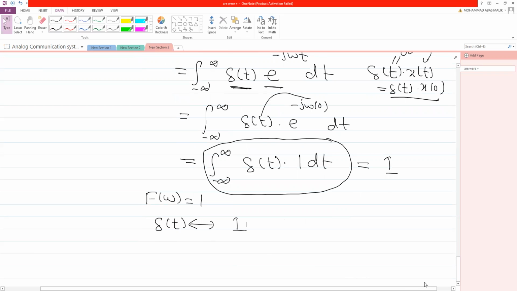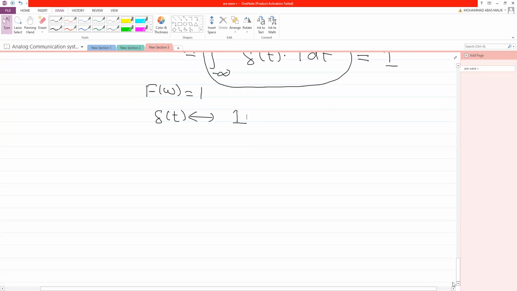Can anybody draw the graph of this, the magnitude spectrum? First of all, we will see delta of t is this. Is this delta of t an even signal or an odd signal? Even signal, because it is symmetric about the origin, delta of t will be equal to delta of minus t.